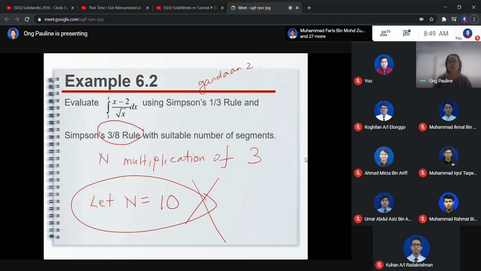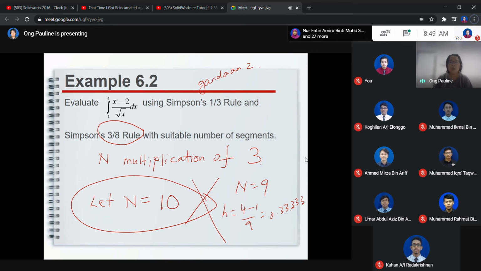Alright. Okay, so you can let n equals to 9. Tetapi kalau you biar n equals to 9, you have 3 divided by 9. Okay, so your h will be 4 minus 1 divided by 9. So you get 0.3333 something, tak terhingga.